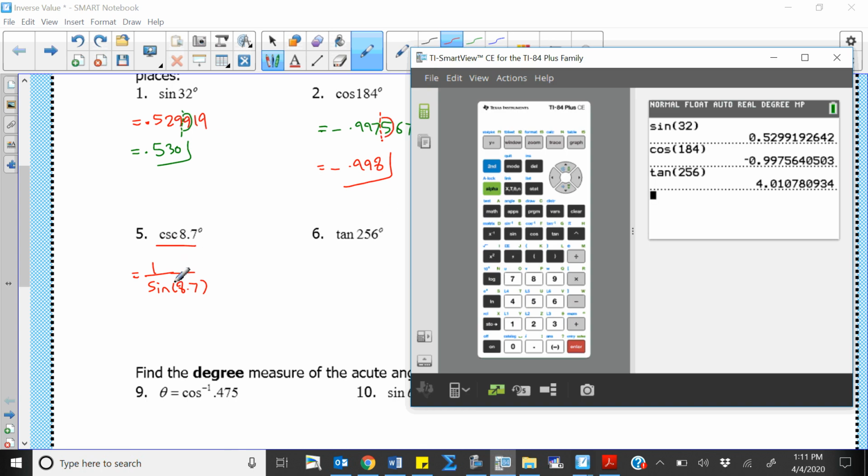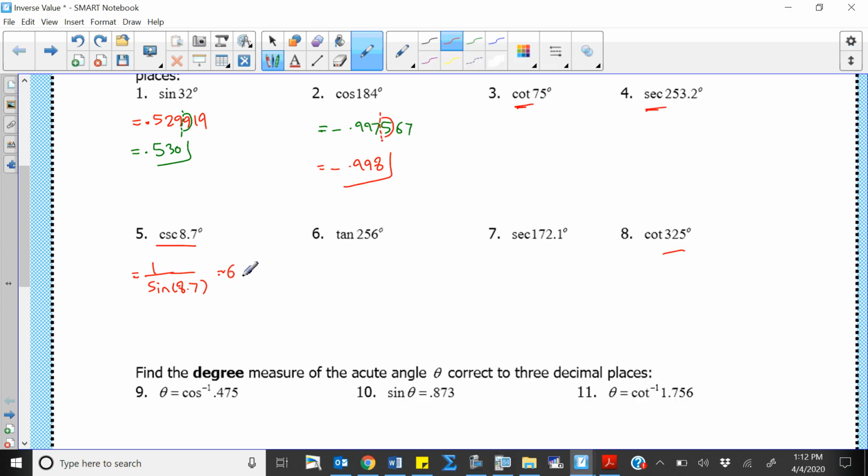Then I have the button for sine, so I just make a fraction here, 1 over sine of 8.7. That was right, sorry. Okay, 6.61109.